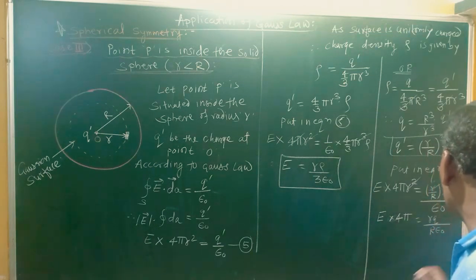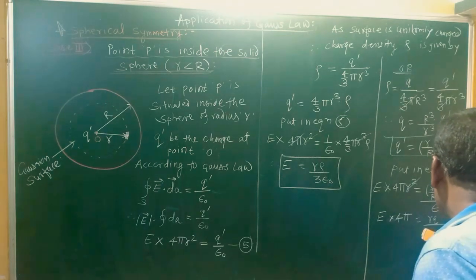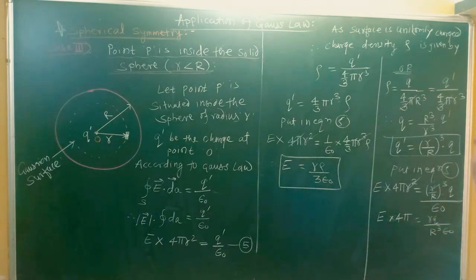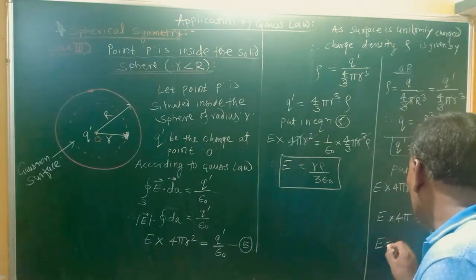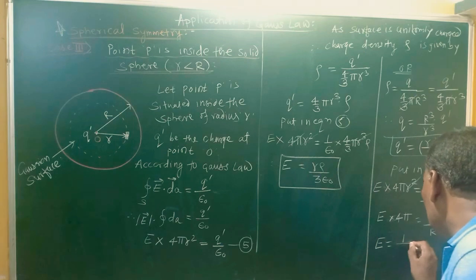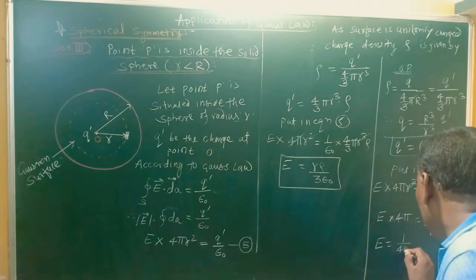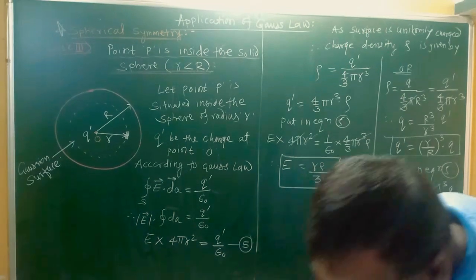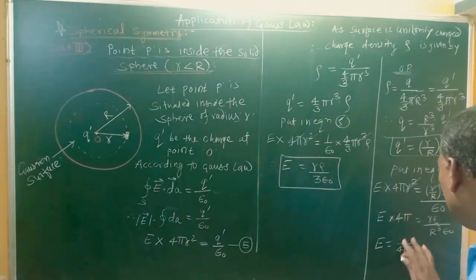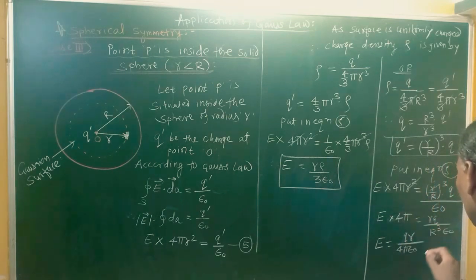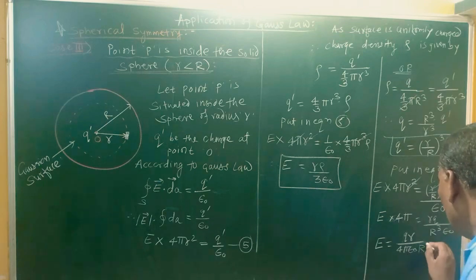Finally it gives that E is equal to 1 upon 4 pi epsilon naught into Q into r, divided by 4 pi epsilon 0 into capital R cube.